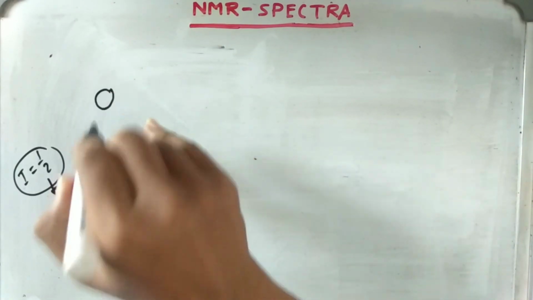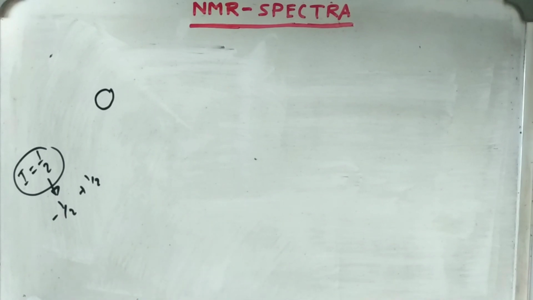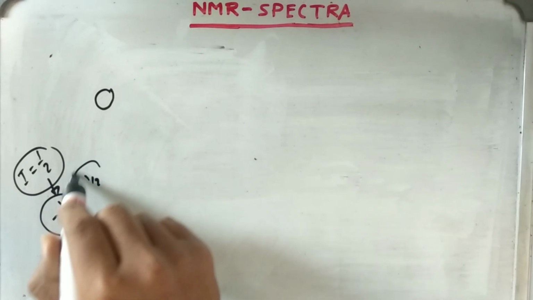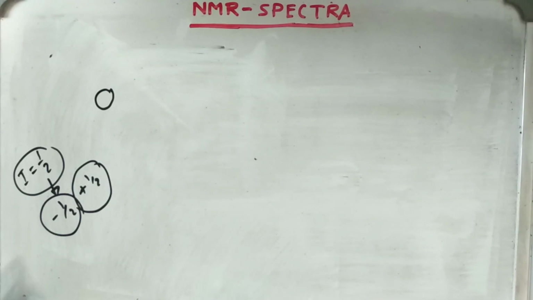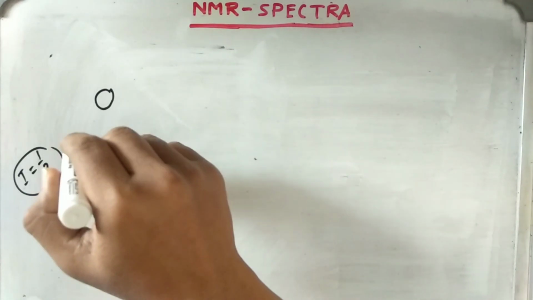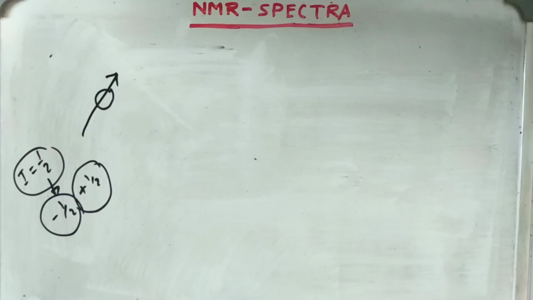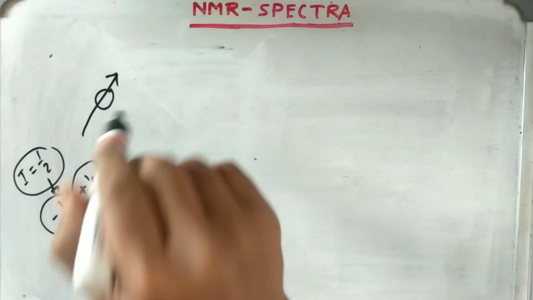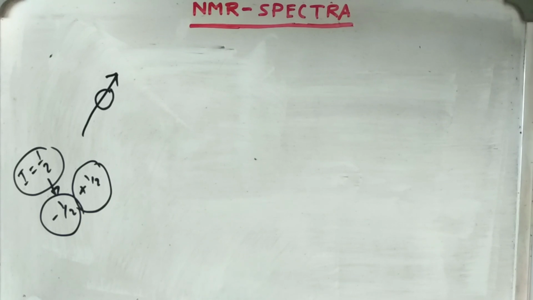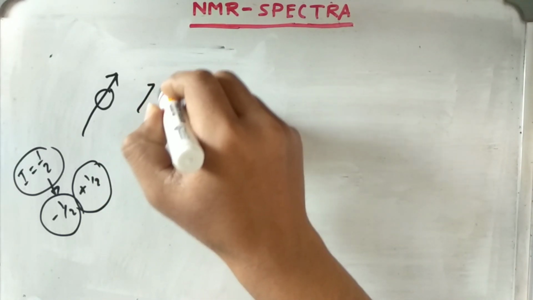Degenerate means minus half and plus half will be equally energetic, and the populations of each spin state are equal. Population means in each spin state there will be an equal number of nuclei. Thus all the orientations of the nuclei will be in a random manner, say up spin or down spin.